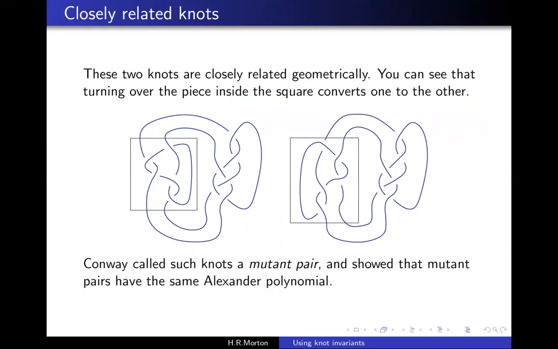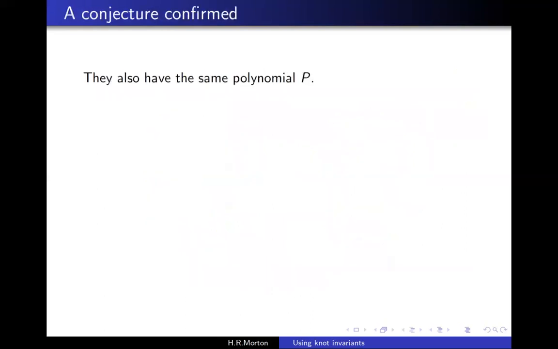One of these knots, of course, was due to Conway, and he knew about these sort of knots, and he called them mutant pairs. And the Alexander polynomial is the same on mutant pairs, and people actually knew that the Homfly polynomial was the same on mutant pairs.